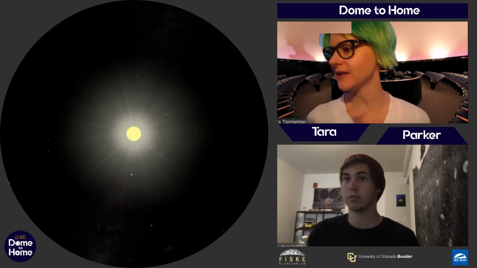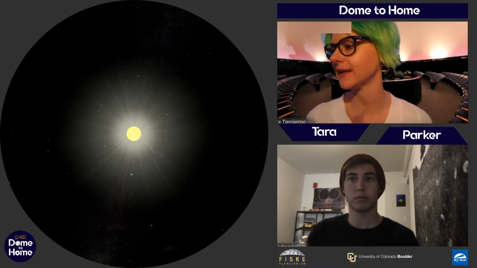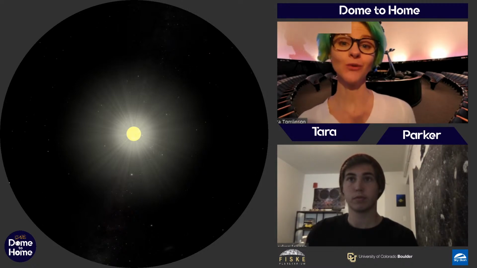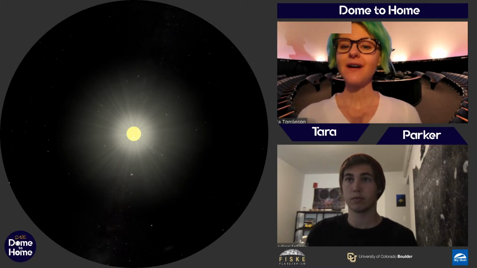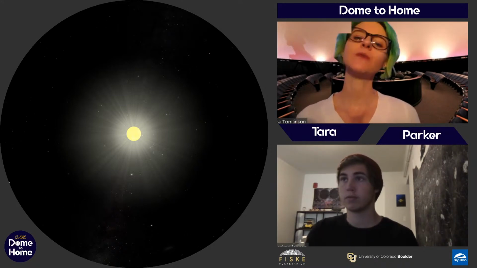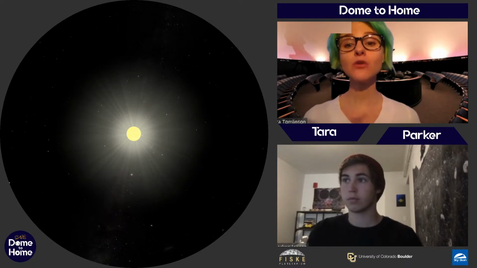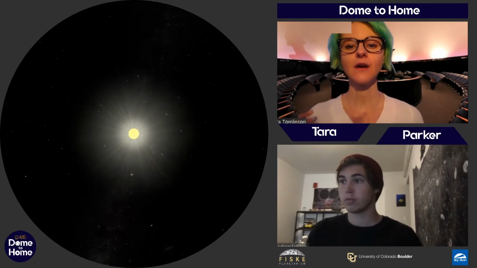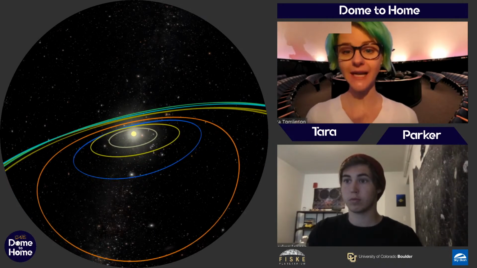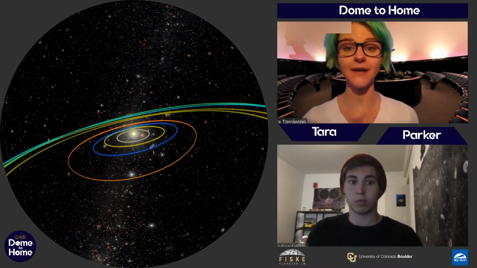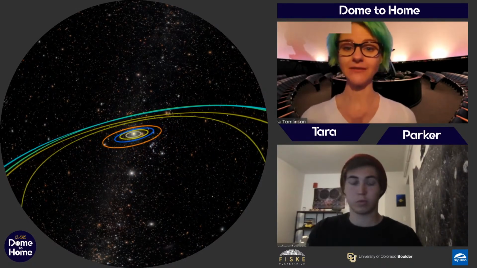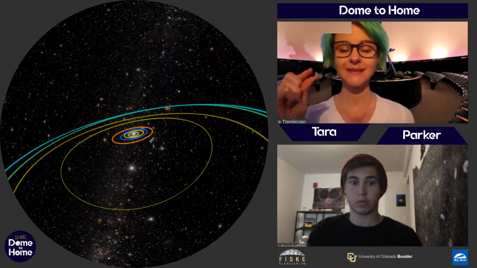Let's see. If we end up finding another habitable planet, will we move there to live longer? Maybe. That would be cool. Problem is, all of these exoplanets outside of our solar system are really, really far away. The closest star to Earth is almost 5 light years away. So if you traveled at the speed of light, it would still take you 5 years to get there. And we can't travel anywhere near the speed of light, not even 1%.